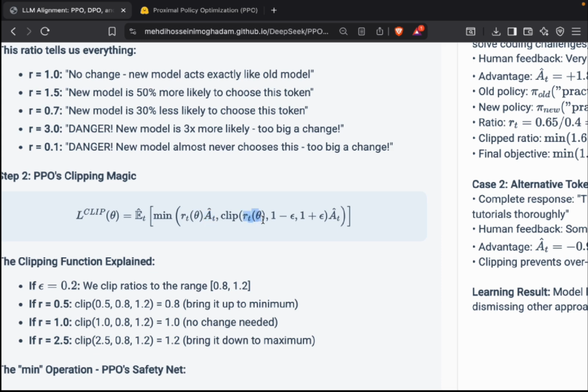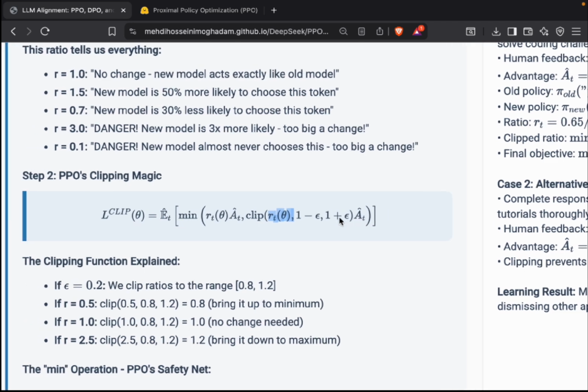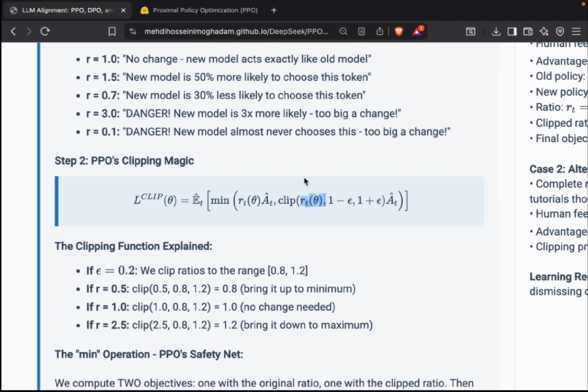But at the same time, imagine the update is about 2% or whatever it is. I would say, okay, limit it by epsilon: 1 minus epsilon or 1 plus epsilon, times advantage. So let's quickly go to the example so you can understand it better.